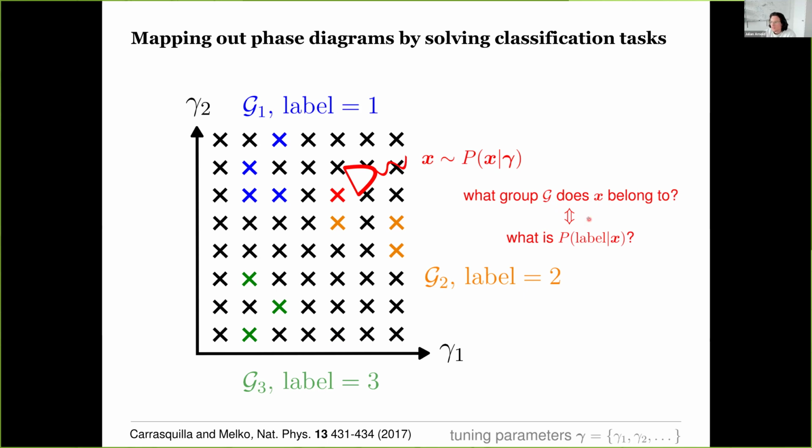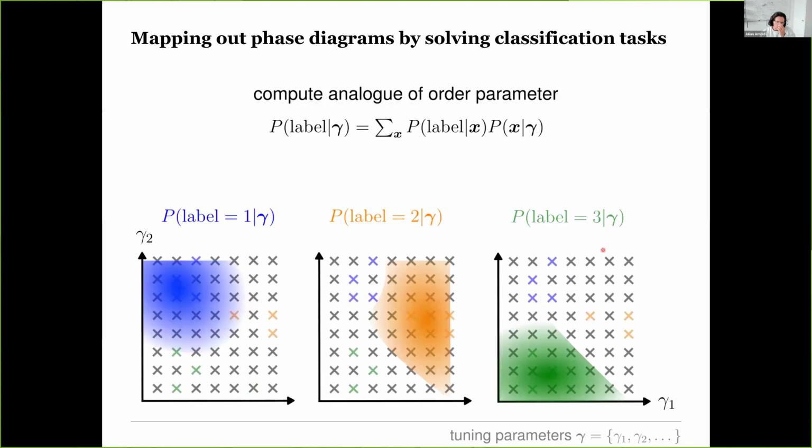So now let's assume for the moment that we have solved the task and we have access to P of label given X for all of the samples X within our data set, or in general within the state space. Then we can compute an analog of an order parameter.